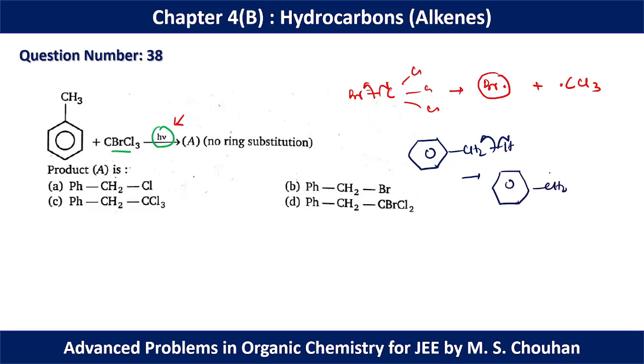In this position, the radical is highly stable due to resonance, and Br dot will be attached. So finally we are getting the benzyl bromide product. Okay, so for question number 38, option B is the correct option.